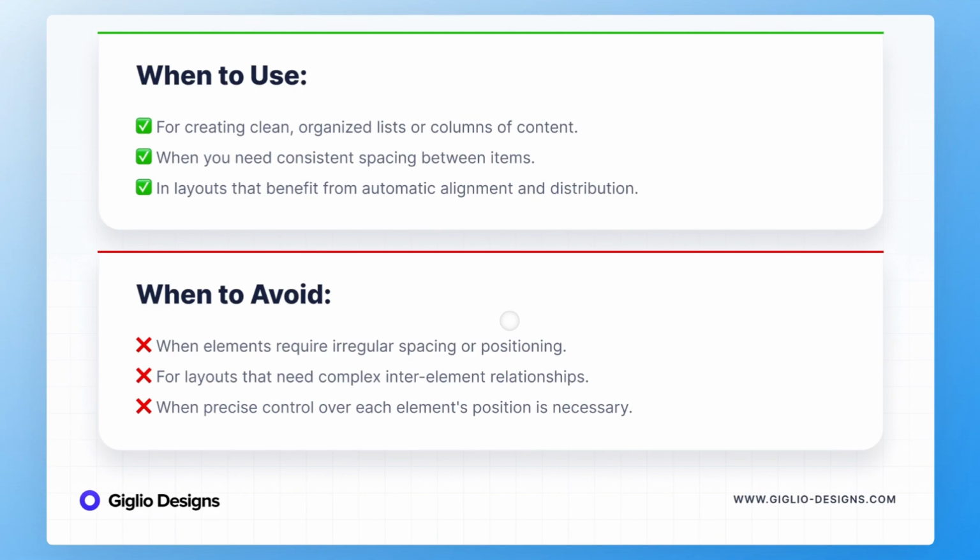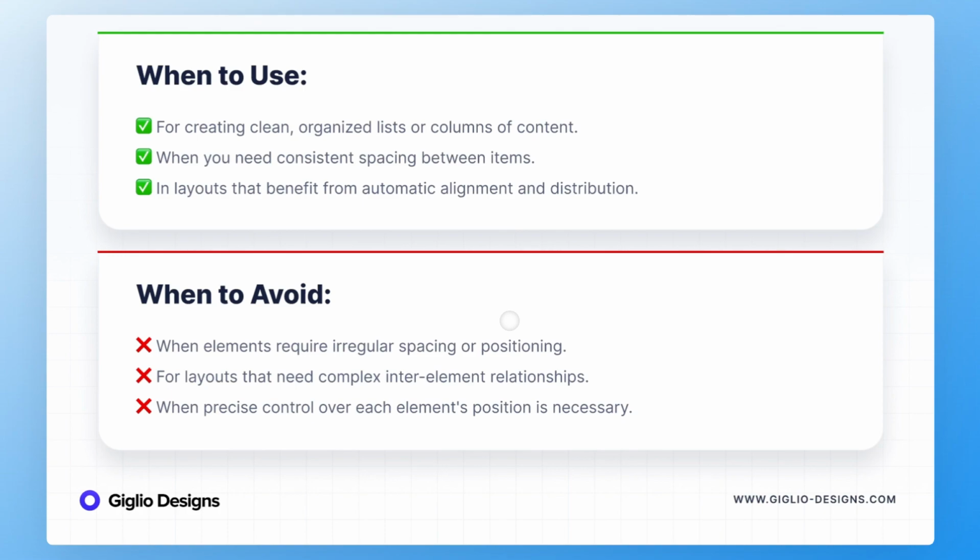And of course, there's going to be instances where you don't want to have stacks, such as when elements require irregular spacing or positioning, or for layouts that need complex inter-element relationship or precise control over each element's position is necessary.